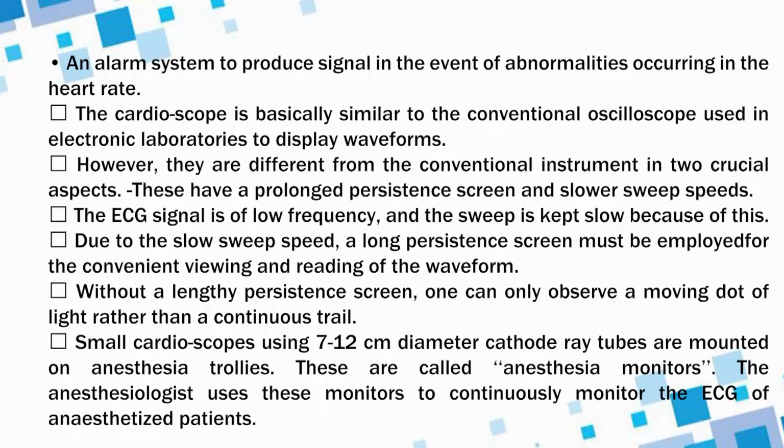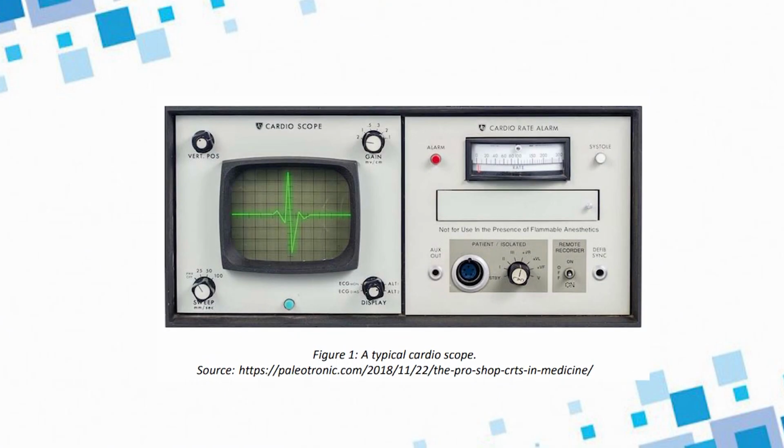Small cardioscopes using 7 to 12 centimeter diameter cathode ray tubes are mounted on anesthesia trolleys. These are called anesthesia monitors. The anesthesiologist uses these monitors to continuously monitor the ECG of the anesthetized patients. Figure 1 shows a typical cardioscope.